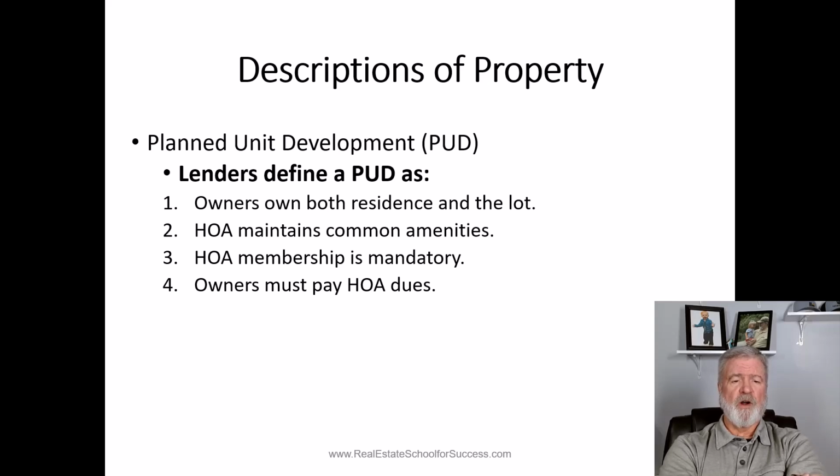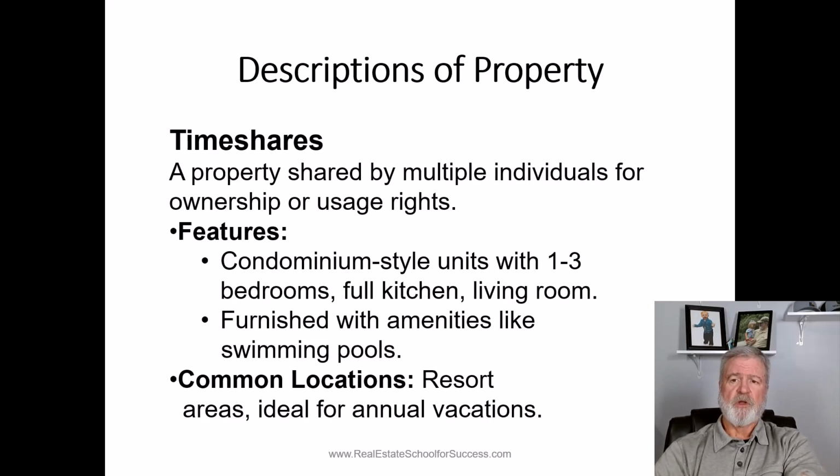And for the most part, if all those exist, then as far as the lender's concerned, that's a PUD. Okay. Again, I don't know that it's that big a deal on how you define or why that matters for the lender. But that's just how lenders define a PUD. I think that's the main thing we need to know there.